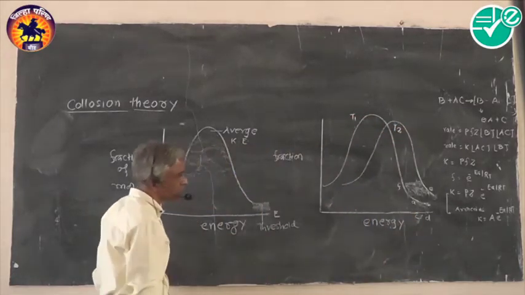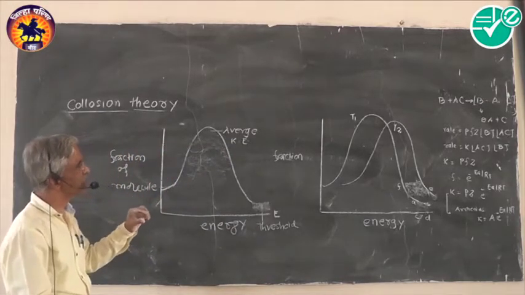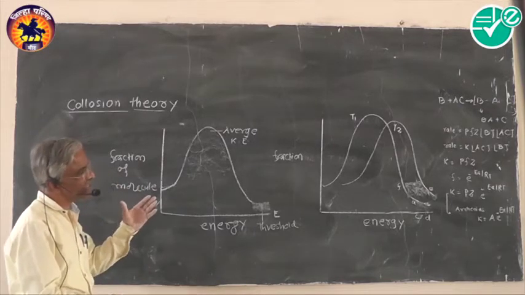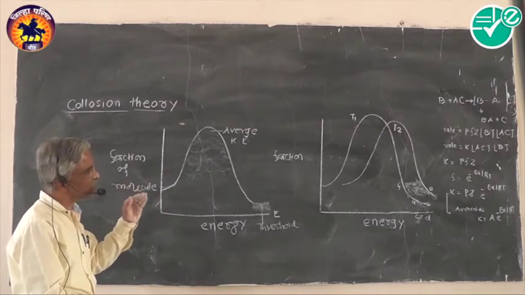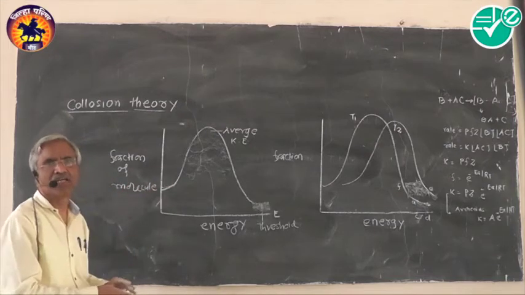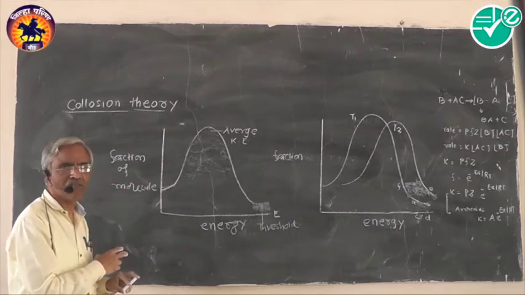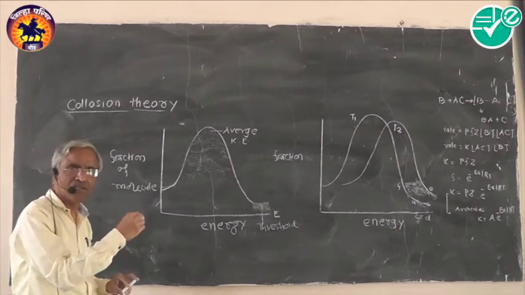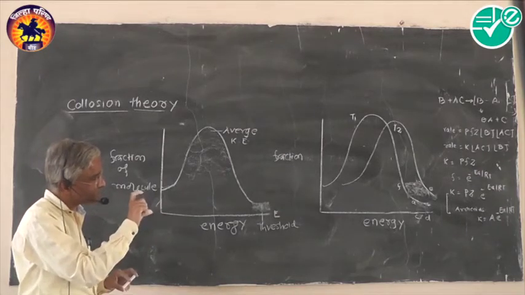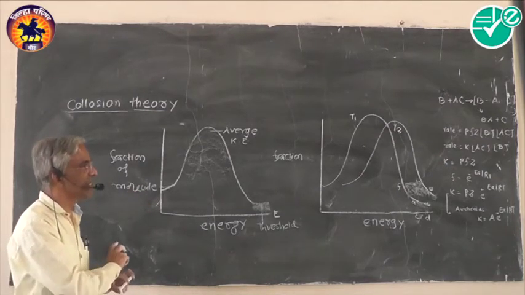When we increase the temperature, the number of molecules attaining the average kinetic energy increases. Automatically the fraction of molecules with proper orientation and effective collision, that means with threshold energy, will always increase and they will result in the formation of product. Therefore, that area has increased; when the temperature is T1, the shaded area is A, B, C, D.